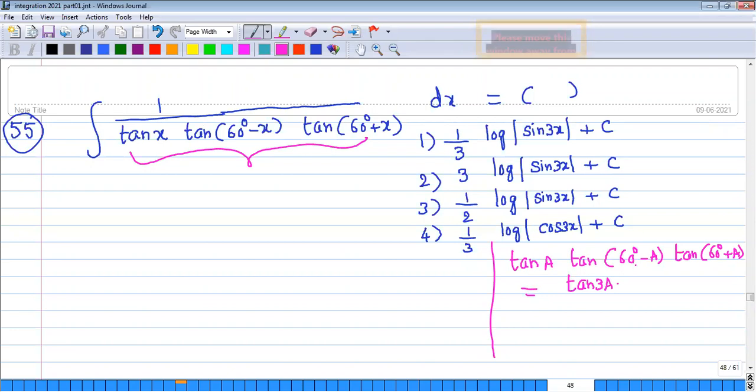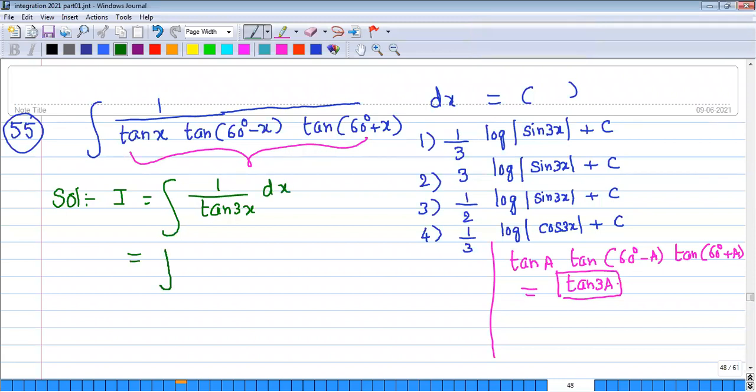If you expand the tan of a minus b into tan of a plus b formula, you will get 3 tan a minus tan cube a by 1 minus 3 tan square a, whose value is equal to tan 3a. So now this can be written as integral of 1 upon tan 3x dx. This is integral of cot 3x.